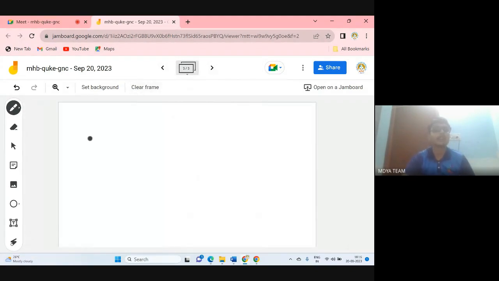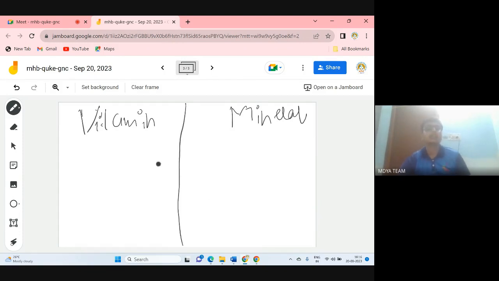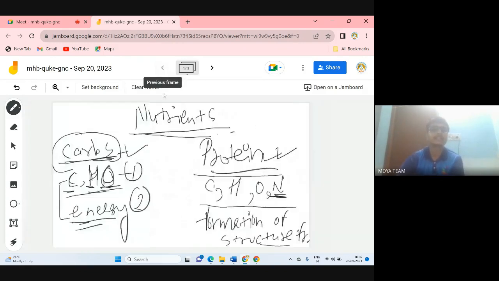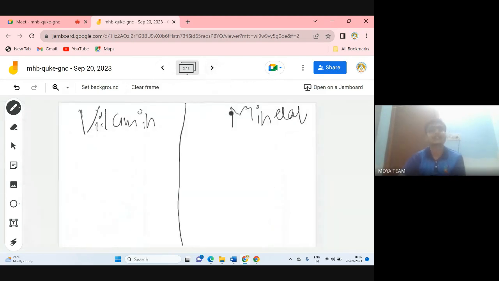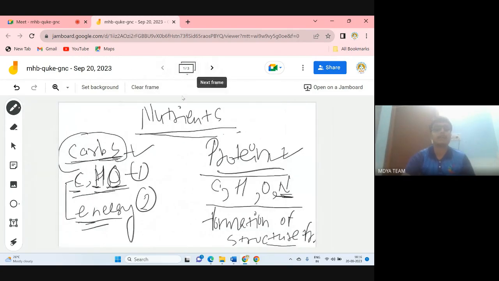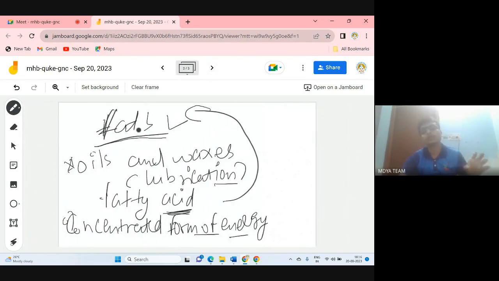Now, what about vitamin and mineral? There is not any common characteristic between vitamin and mineral. Scientists discovered these three categories first: carbohydrate, protein, and fat. Then they discovered that apart from these three categories, there are also many substances present in our food which do not come under them.